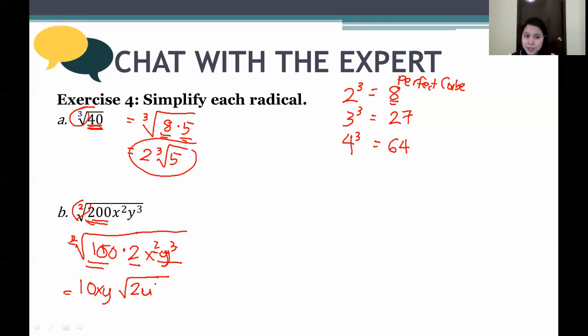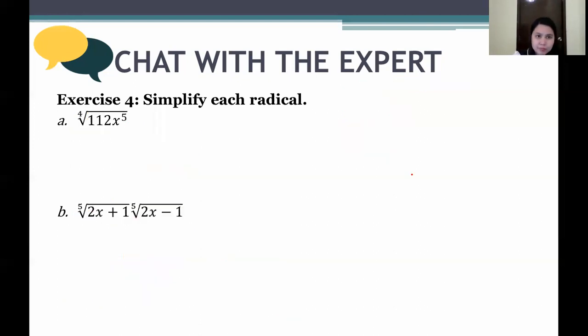The remainder will be inside. So the answer is 10xy square root of 2y. Let me check first. Okay, let's have the next one.